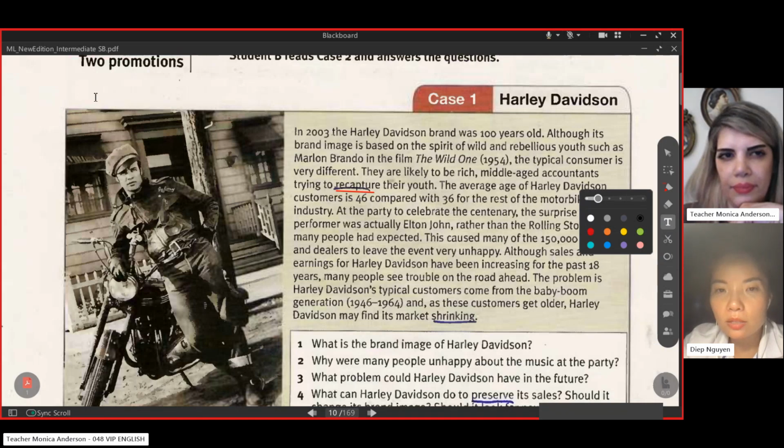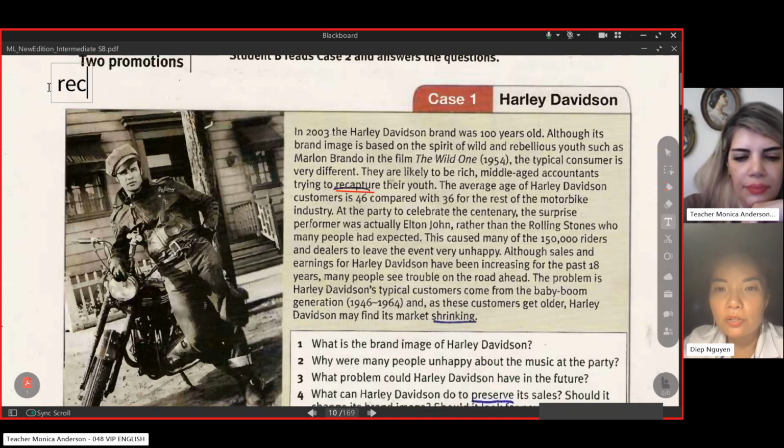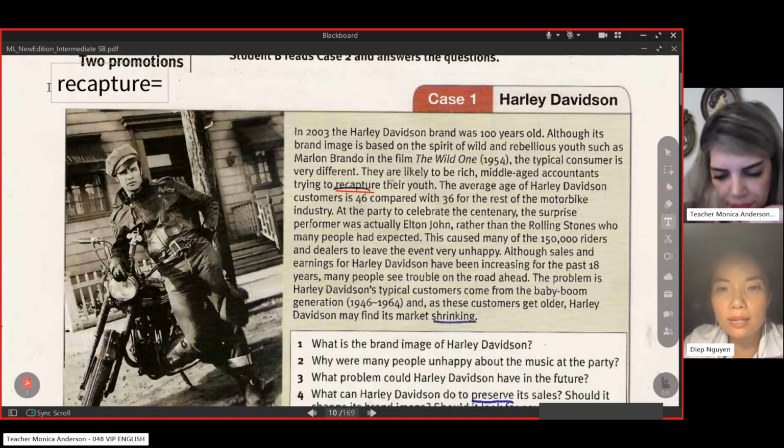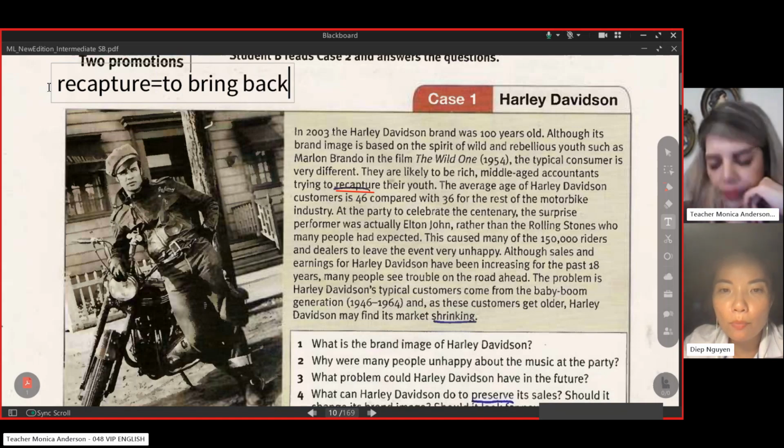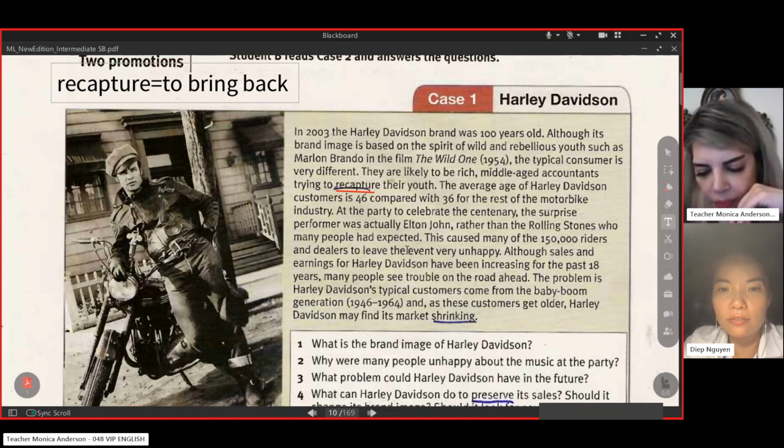As a party to celebrate the centenary, the surprise performer was actually Elton John rather than the Rolling Stones, whom many people had expected. This caused many of the 150,000 riders and dealers to leave the event very unhappy.